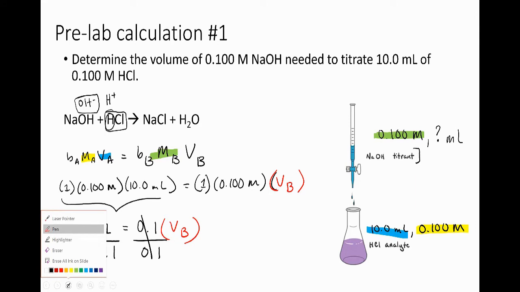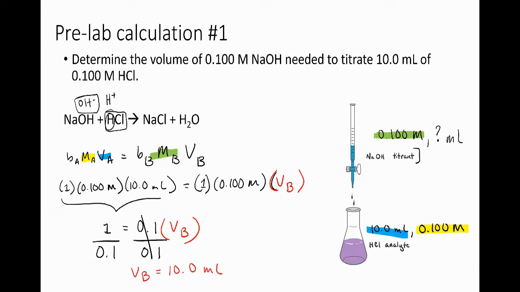And 1 divided by 0.1 is 10 milliliters. So our VB is equal to 10 milliliters. What that tells us is that it will take 10 milliliters of the base to be dispensed in order to neutralize the acid that's in the flask.